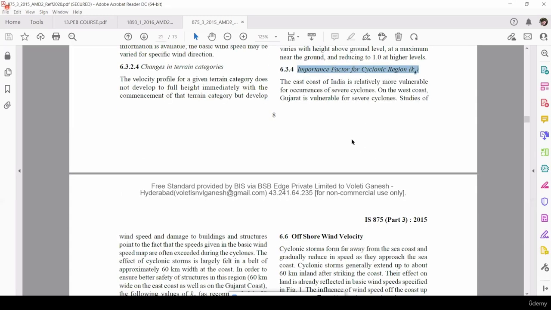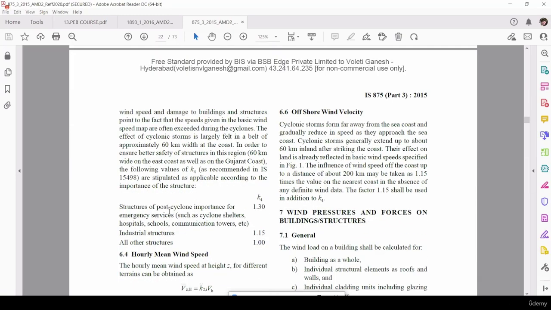You have to change this one only. Generally, for structures of post-cyclone importance, all these consider K4 as 1.3. If you are asking about something related to coastal area, you have to take K4 as 1.3 in that case.